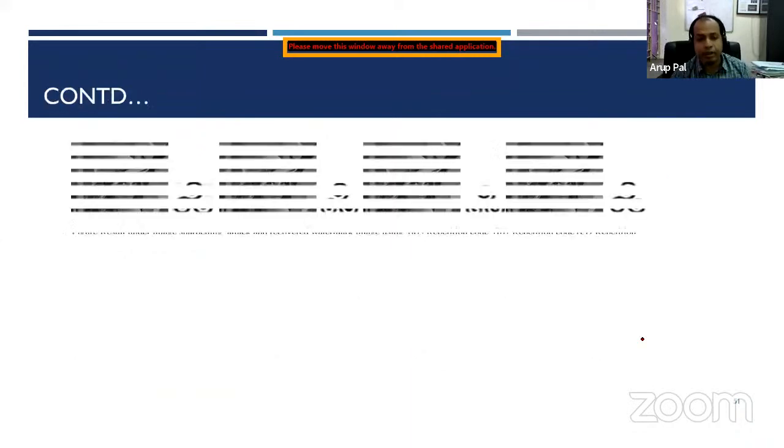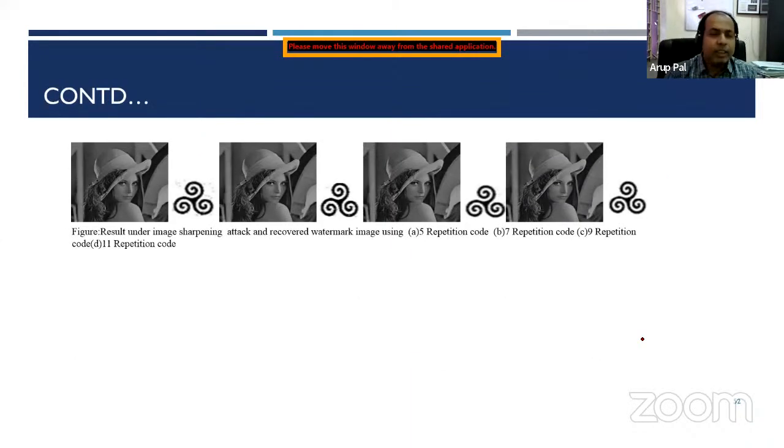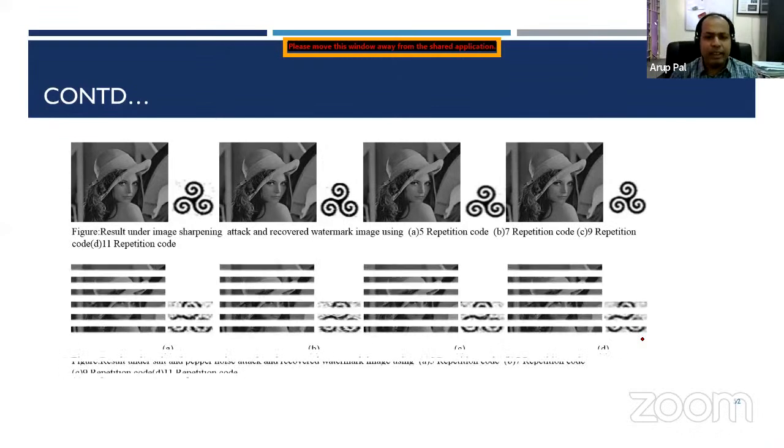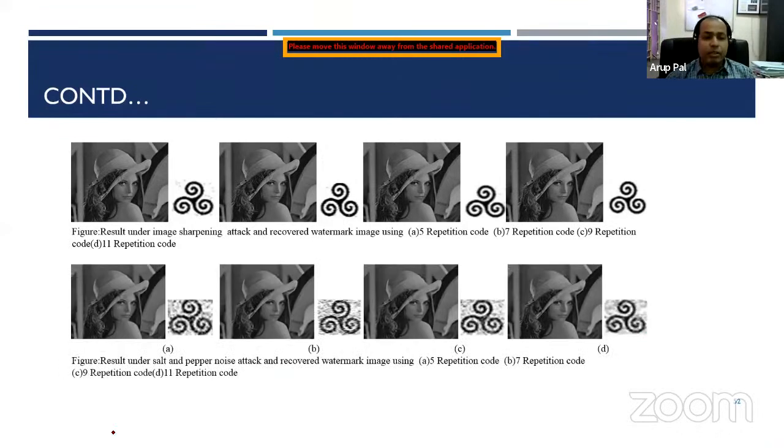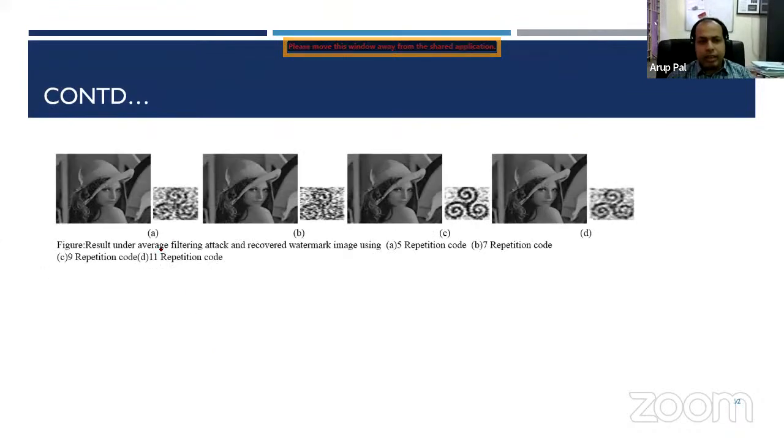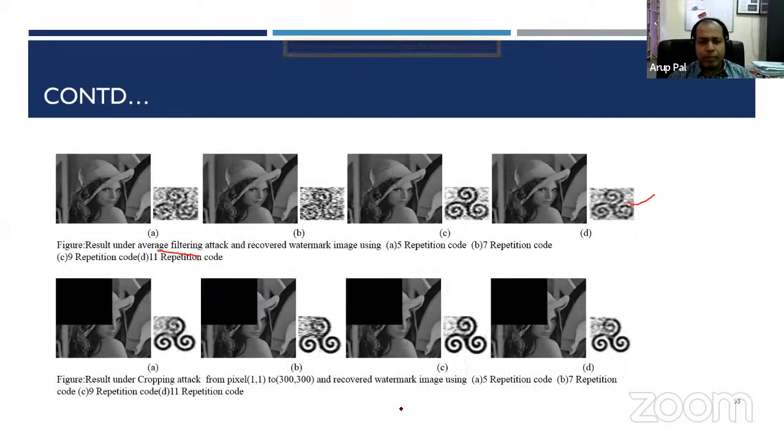This is the sampling attack. This is the result of salt and pepper noise. This is the result of the average filtering attack, and with average filtering the watermark is not exact, but still the watermark is recognizable in this particular process. Sometimes there is a cropping attack, that means this particular portion is cropped, and even then you are able to extract it in this particular way.